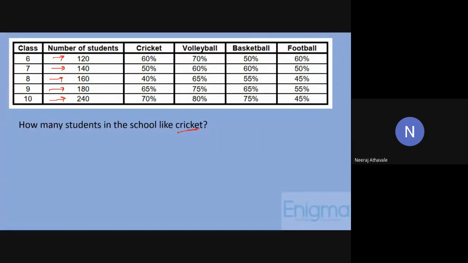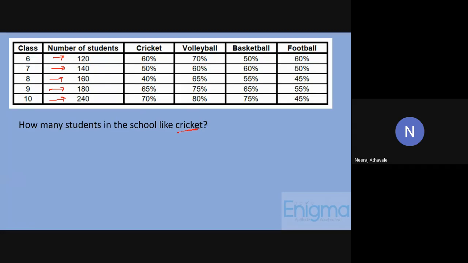Okay, so try and find out. 491. Okay, correct.